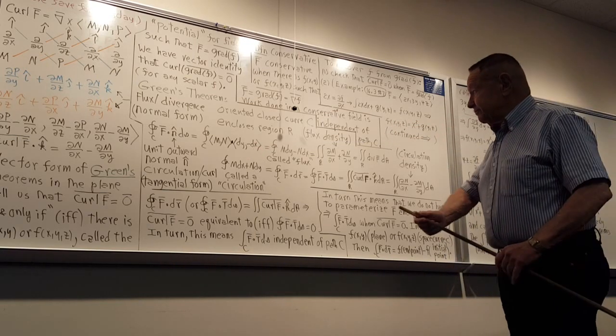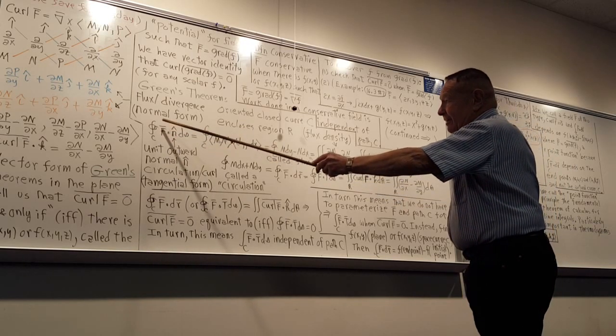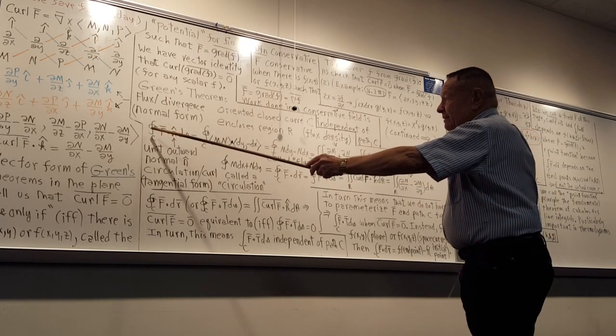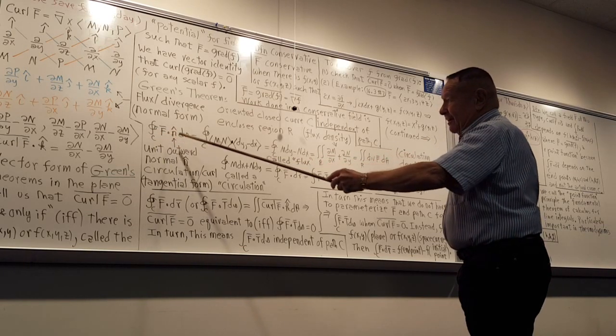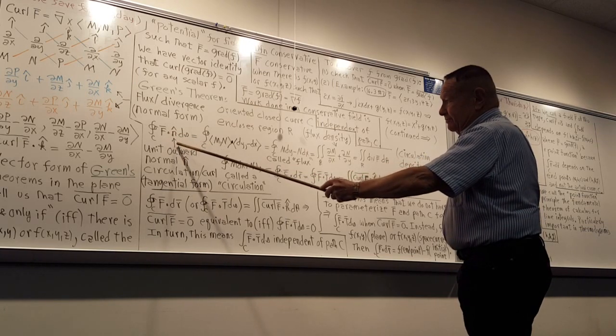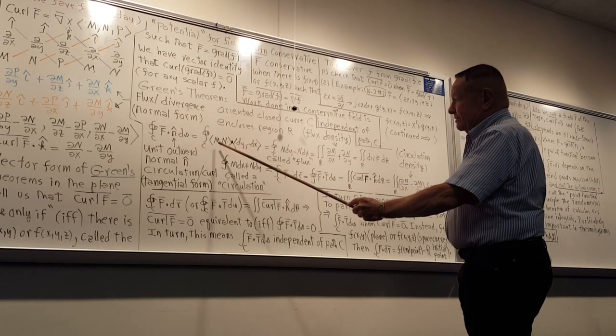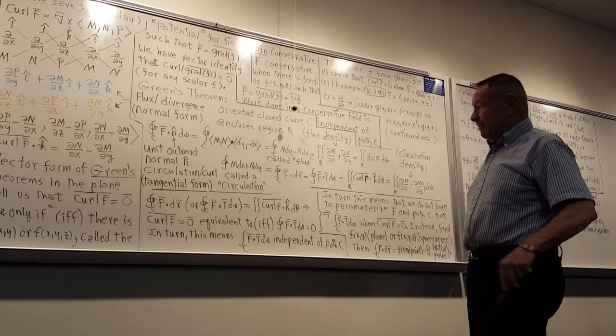And so you have then that the integral on the closed path of the outward component of the field is, and if you write it as n with the hat on it, that's a unit vector.